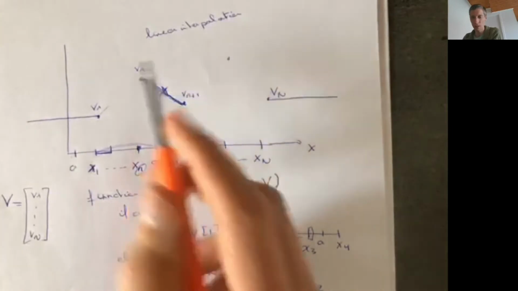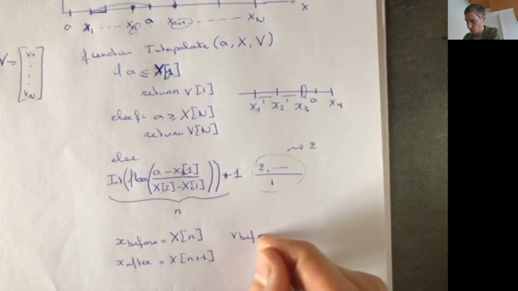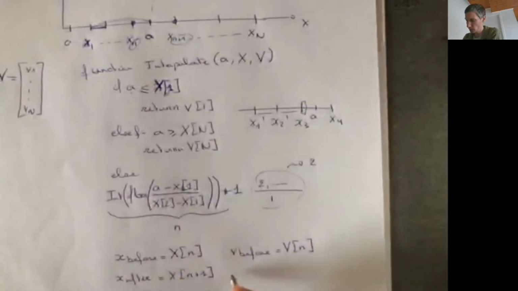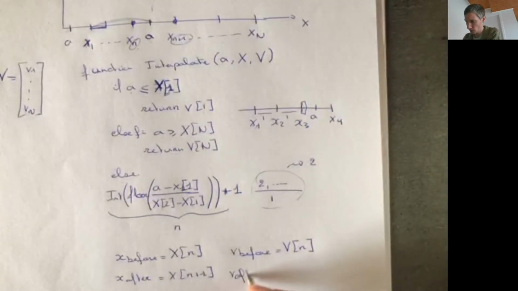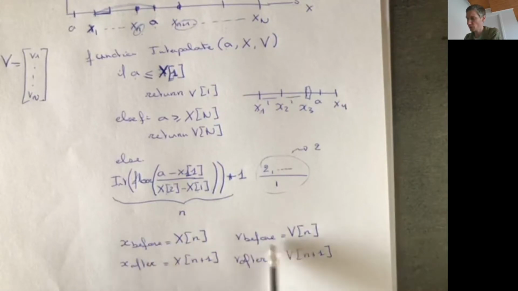So here this is going to be v, let's call this v before, it's going to be vn, and this v here, let me call v after, is going to be v_{n+1}.